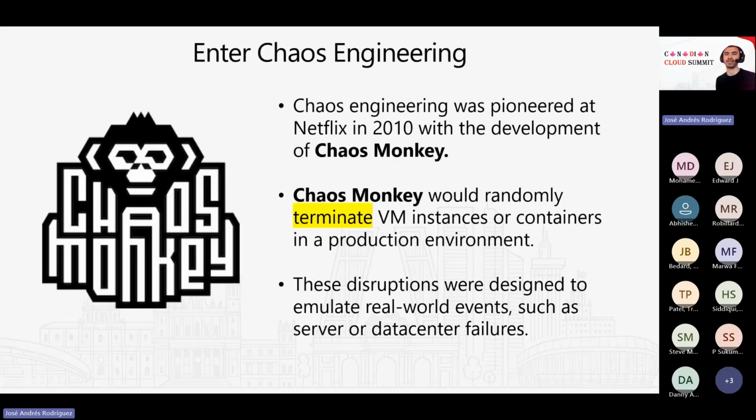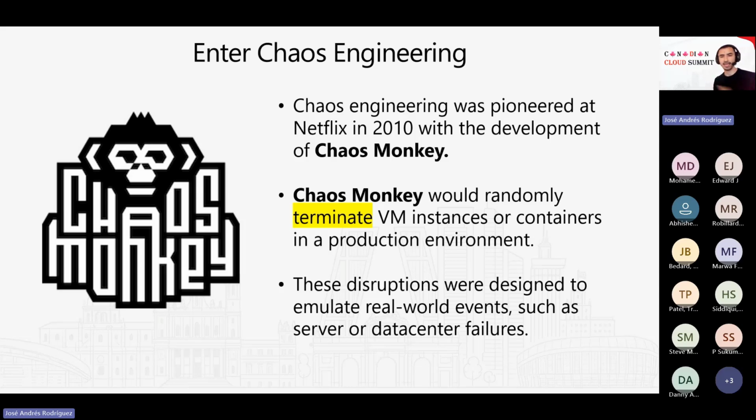Well, it turns out that there was a team of some crazy engineers that created a tool called Chaos Monkey, right? These engineers were a team at Netflix. And to summarize it, Chaos Monkey is a tool that would randomly terminate the VMs that Netflix had in a production environment, right?